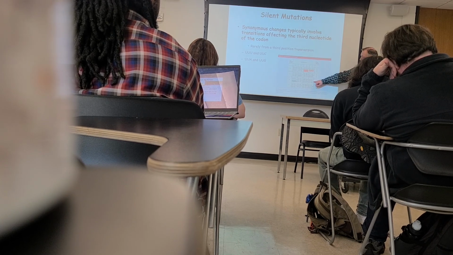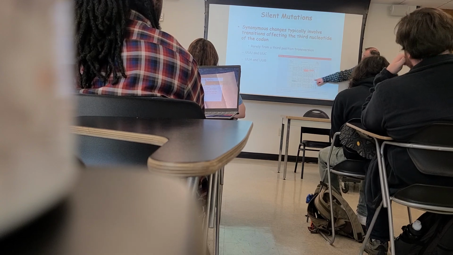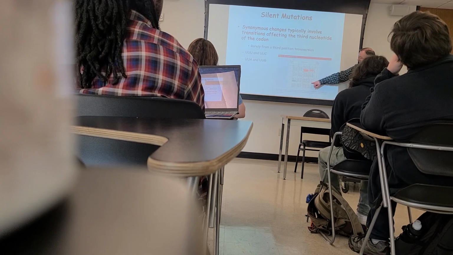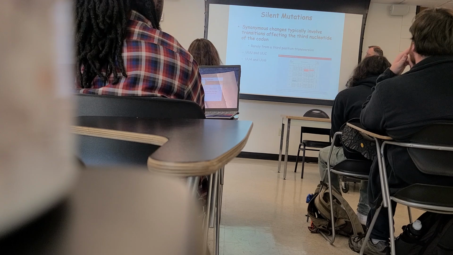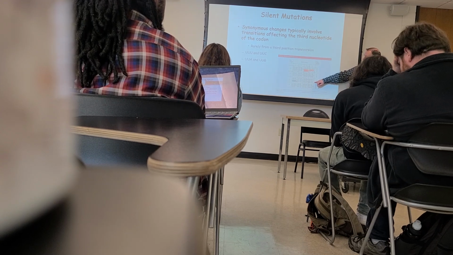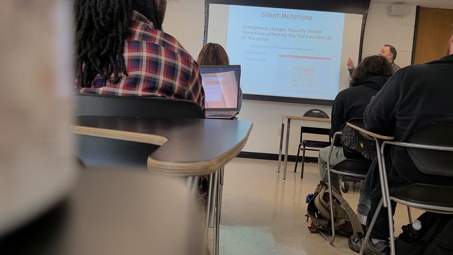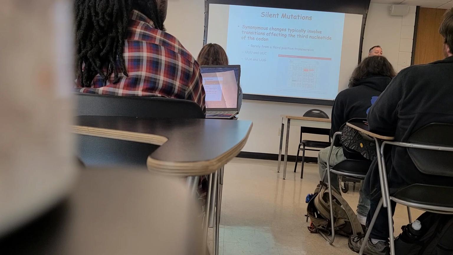So again, down here we have serine versus arginine, but U to C, that's a transition, so we still get the same amino acid. A to G, also a transition, still the same amino acid. If we do a transversion, G to C or G to U, different amino acid. So that third nucleotide becomes a variable position, so we can change it and still get the same amino acid.